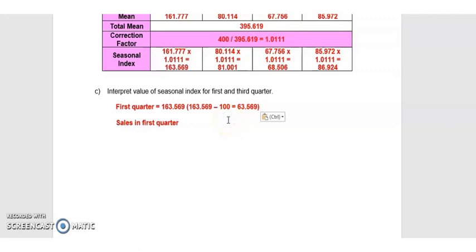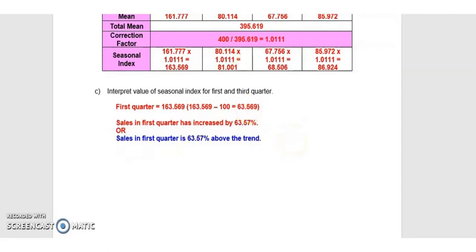So sales in first quarter has increased by 63.57%. Or we also can interpret it as sales in first quarter is 63.57% above the trend line. Above, because more than 100%.